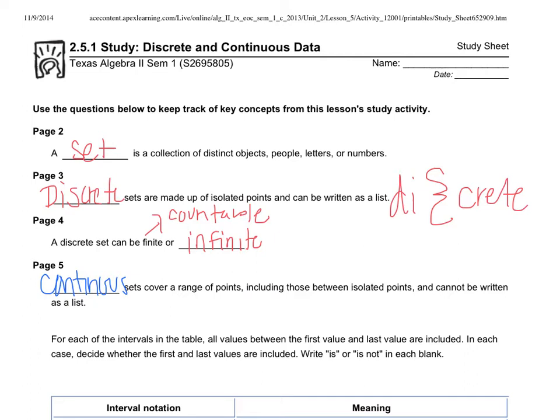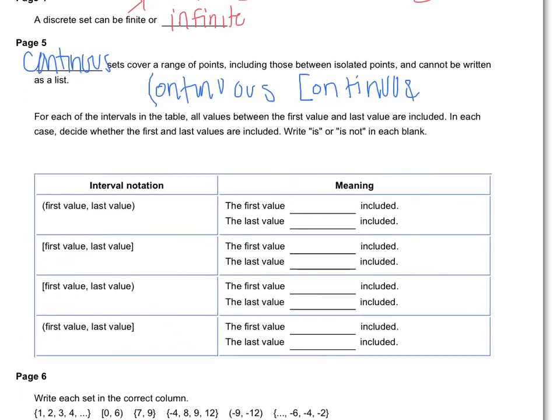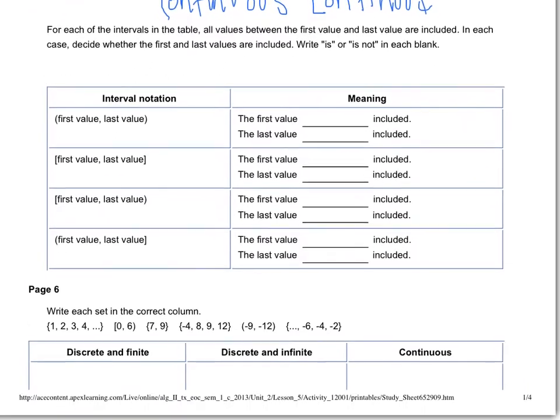Continuous sets use one of two things: either parentheses or a bracket. Either way, you can imagine the word continuous being written using one of those two things. So the brackets and the parentheses matter.